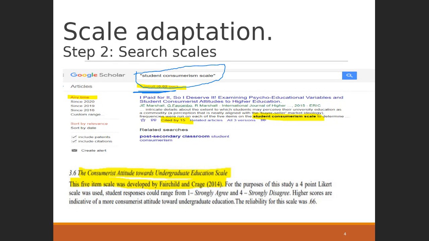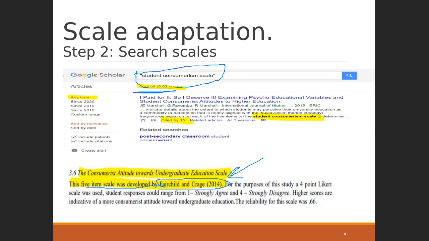When we open this article and go to the methodology section to find out how these authors measured student consumerism, we find out that they have used Fairchild and Craig's scale, which is categorically mentioned here. The five-item scale was developed by these authors for the purpose of the study. They used the scale which was developed by Fairchild and Craig.